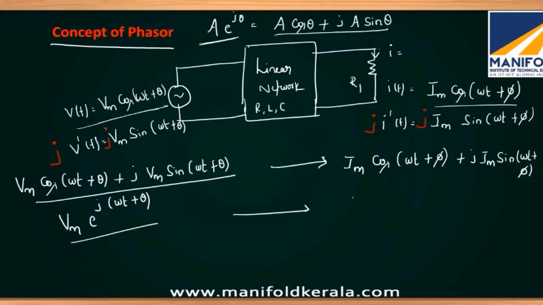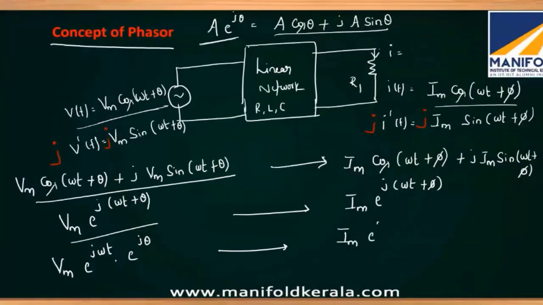This will give a response of Im e power j(omega t plus phi). Now, if I split this into two parts, the excitation becomes Vm into e power j omega t into e power j theta, and the response becomes Im into e power j omega t into e power j phi.